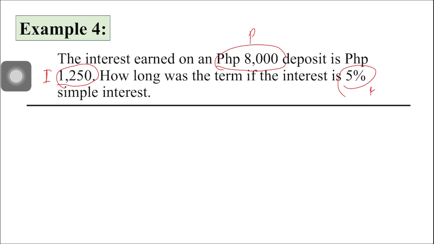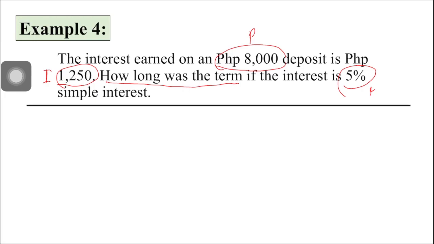So there is money of 8,000, and this 8,000 deposit earned interest of 1,250. The question is, how long was that term?